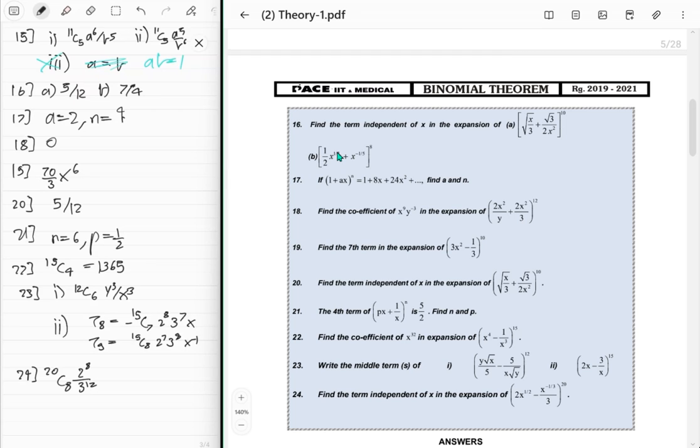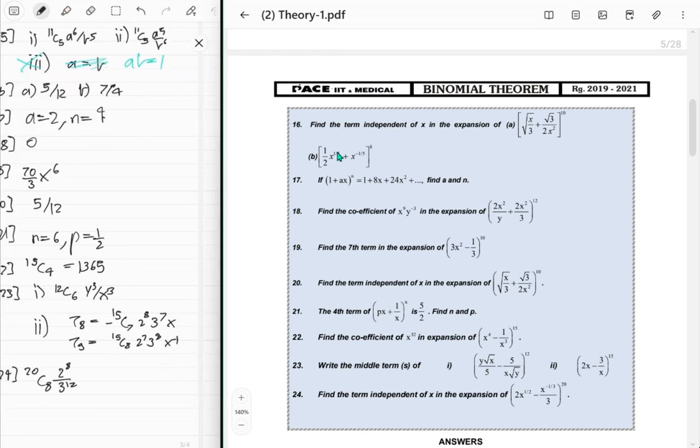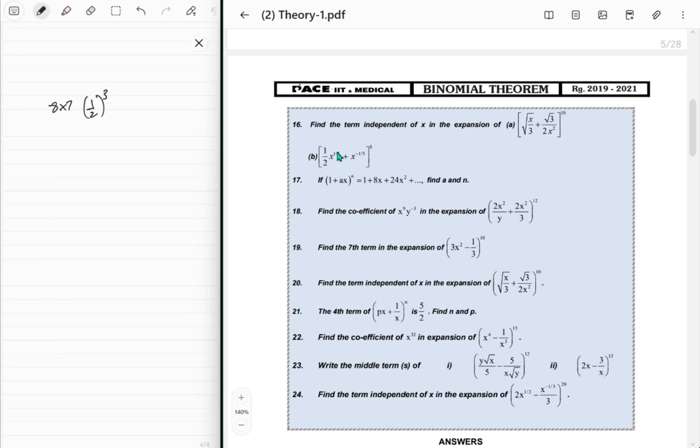So what went wrong? Why did I write 7 upon 4? Oh, I must have done this 5 and then this 1 power 3. That's what I must have done. That's why I got 7 upon 4.